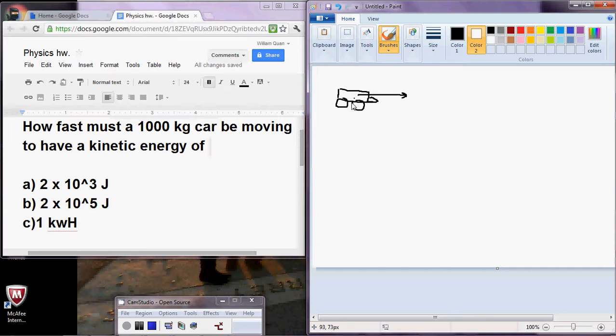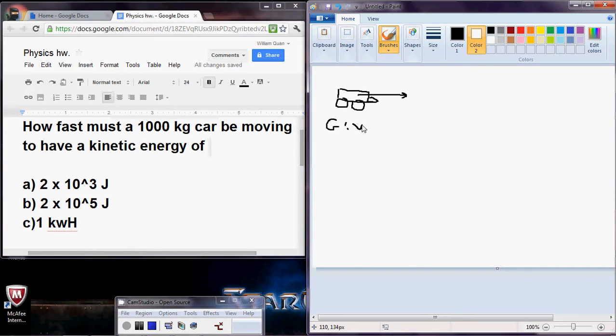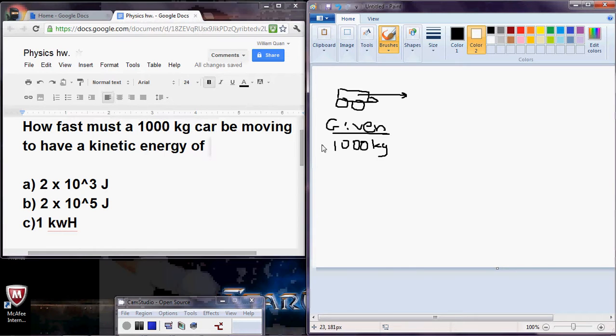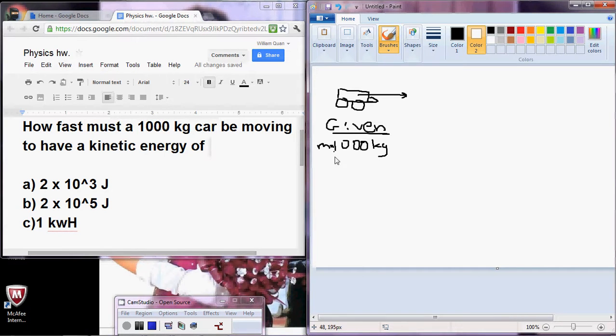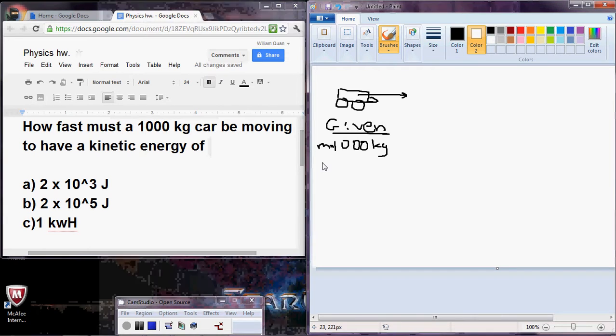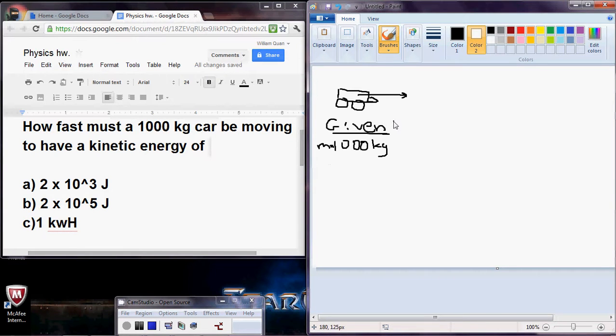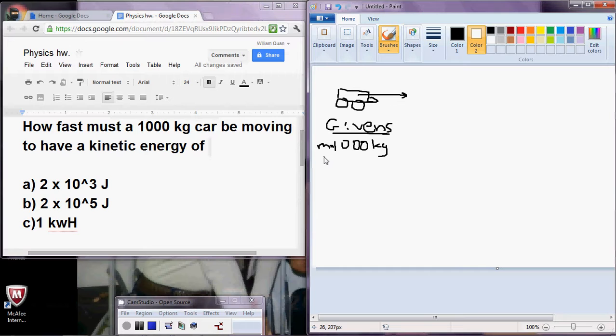So the givens are: the mass of the car equals 1,000 kilograms. Then what else? We have lots of kinetic energies.